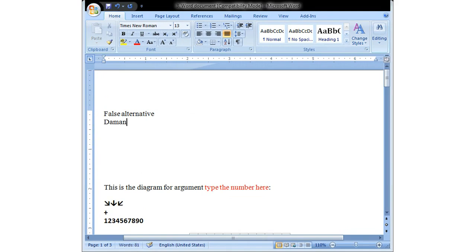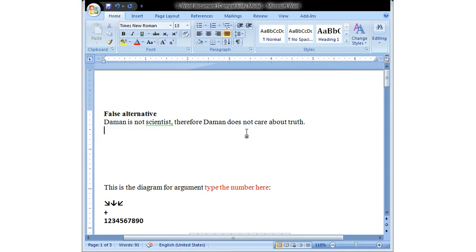I'm going to have some fun, but just as I'm keeping people's names in mind. The man is not a scientist. Therefore, the man does not care about the truth. Right. Here's a false alternative. The man is not a scientist, therefore the man does not care about truth.